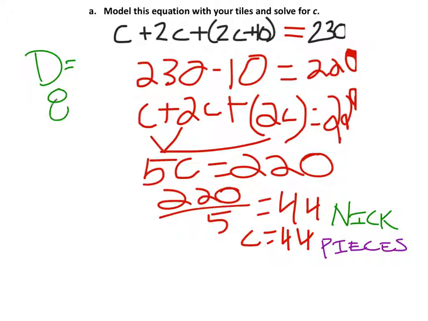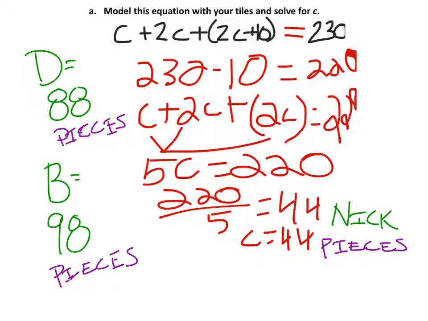And 98 for Bo. Nice. And Bo got 98, and that's just using the expression there. Problem is you guys said 88 and 98. Pieces of candy. Pieces, there you go. So let's label those. Is everyone good there? Any questions?